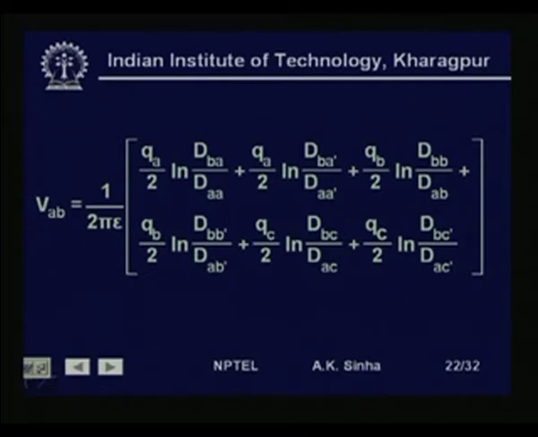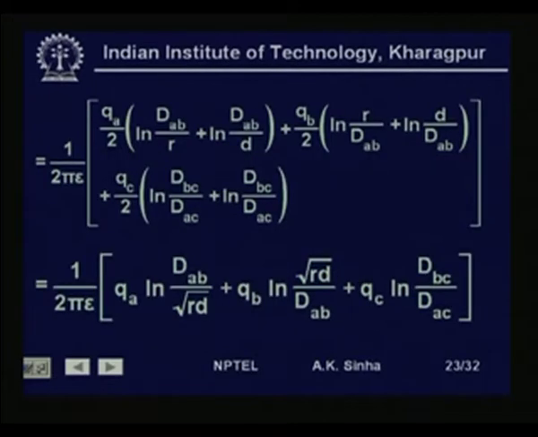So, this small approximation we have made, that d_AB is the distance between the centers of the two bundles. So, this is q_A by 2 times ln of d_AB by r plus ln of d_AB by D. Similarly, the contribution due to conductor B will be q_B by 2 into ln of r by d_AB plus ln of D by d_AB, plus the contribution due to the charge on conductor C, q_C by 2 times ln of d_BC by d_AC plus ln of d_BC by d_AC.